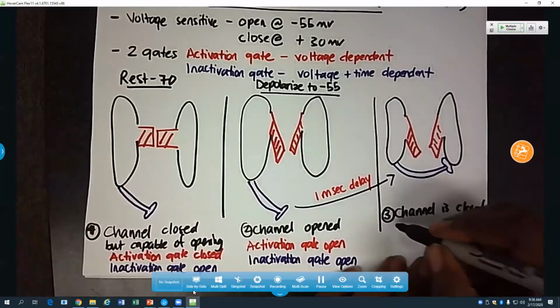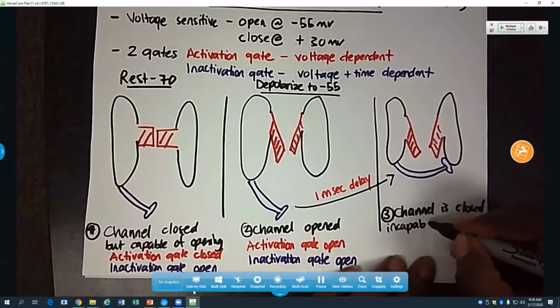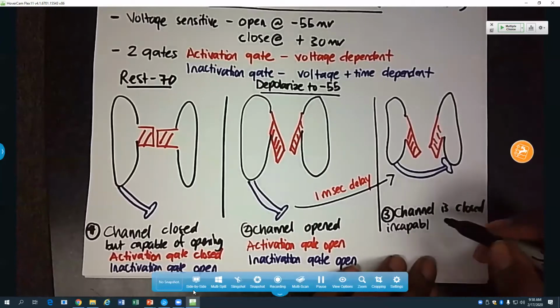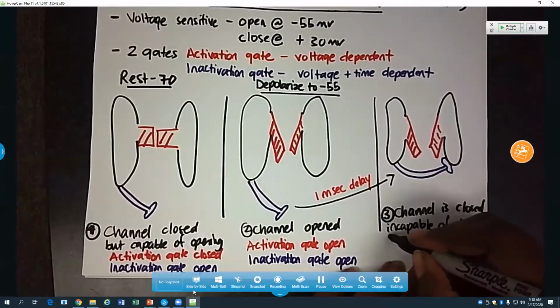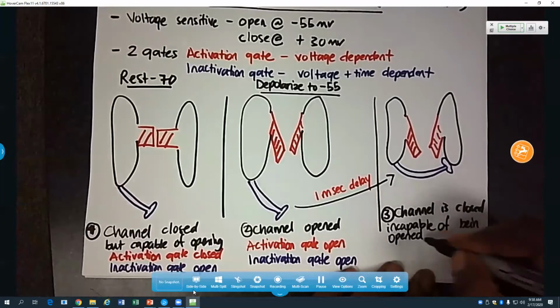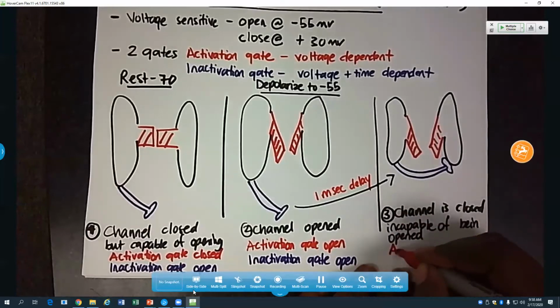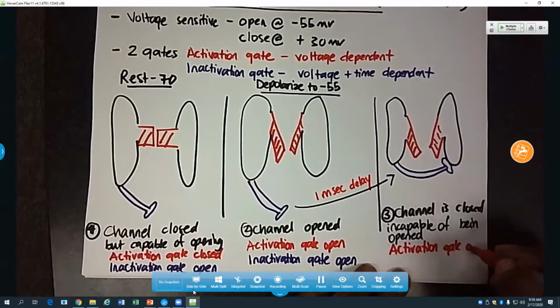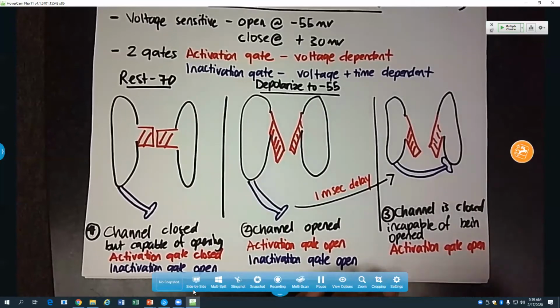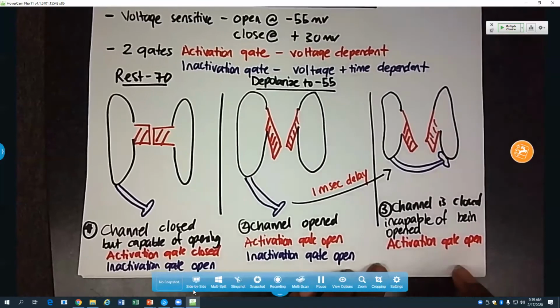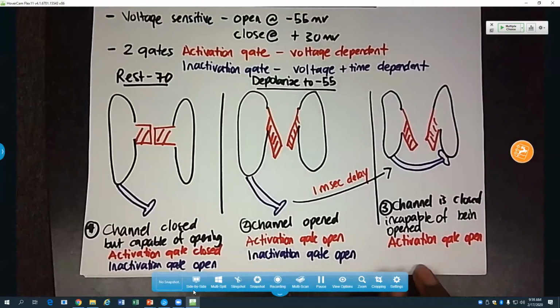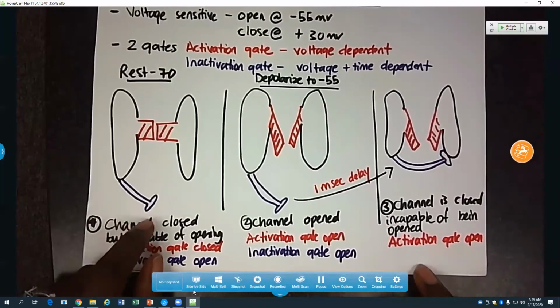But here it's incapable of being opened. And that's because the activation gate, although that is open, the inactivation gate is now closed, and so we cannot open this gate again until the membrane potential gets back down to rest.